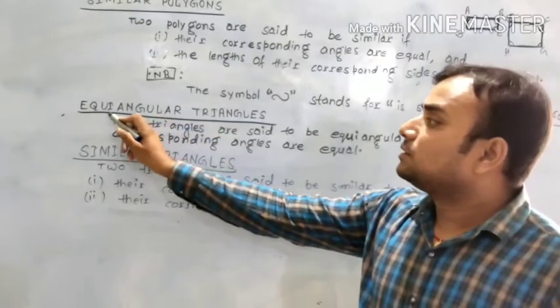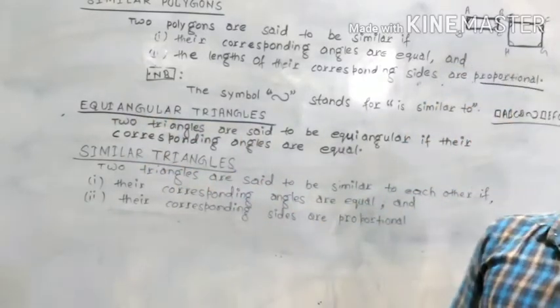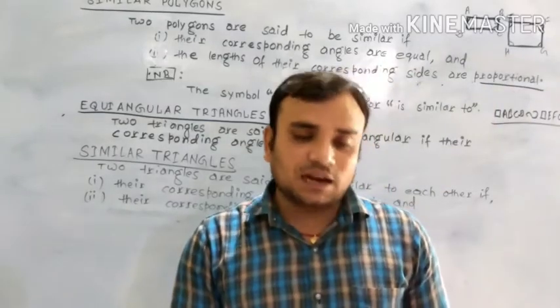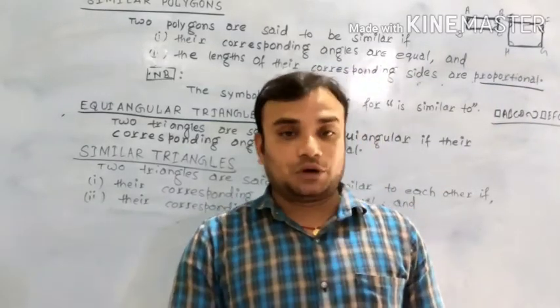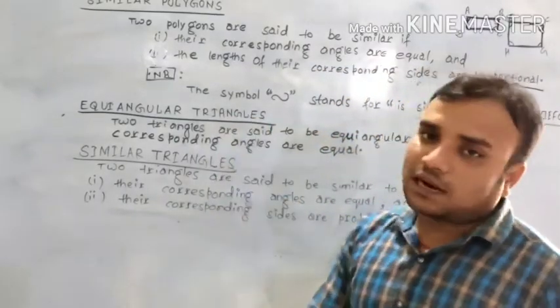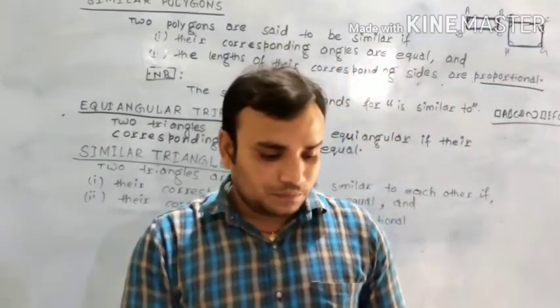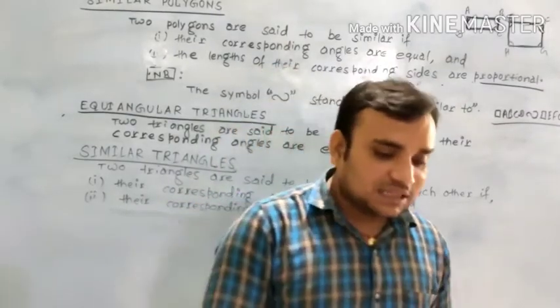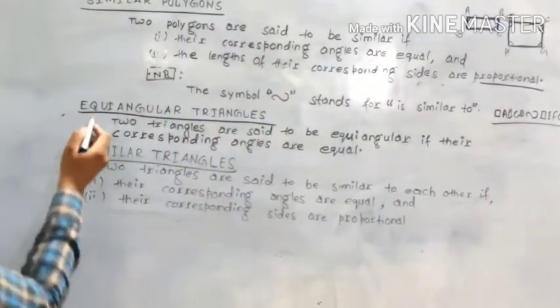Now, equiangular triangles. Since triangles are a special type of polygon, we may define similar triangles as follows.